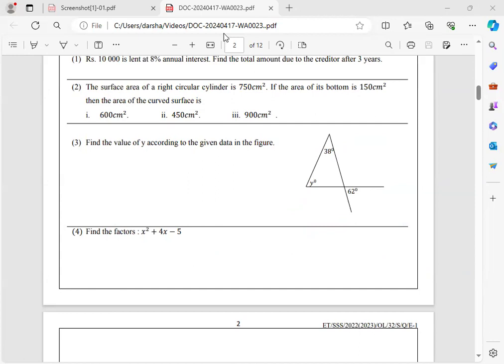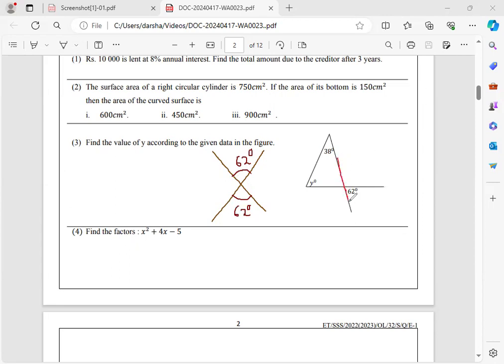There is something called vertically opposite angles. Let's say there are two lines like this. If the magnitude of this angle is 62 degrees, this angle is also 62 degrees. That we call vertically opposite angles. The same idea we have to use.